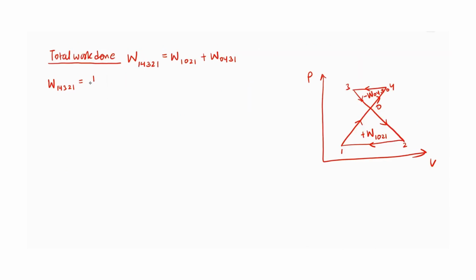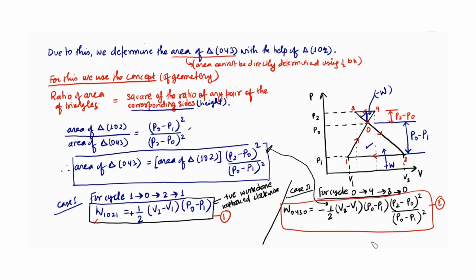So we have half times V2 minus V1 times P0 minus P1, and since this work done is negative, so we have minus, half.